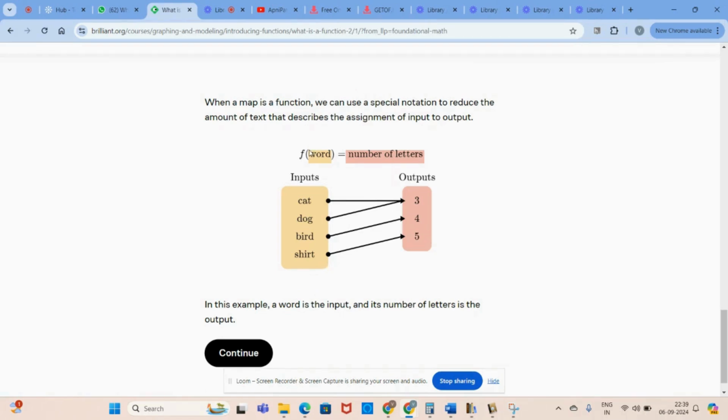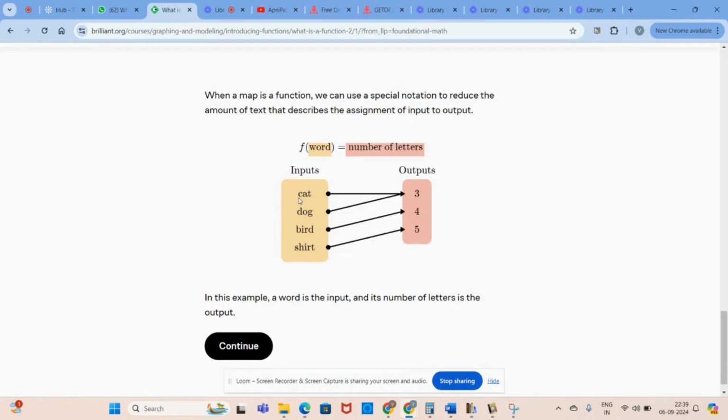So this mapping between the inputs and the outputs is a function. And remember, there's a condition for a mapping to be called a function: a mapping between two groups can be called a function only if for every input we have a single output. That is a very important criterion for a mapping to become a function.